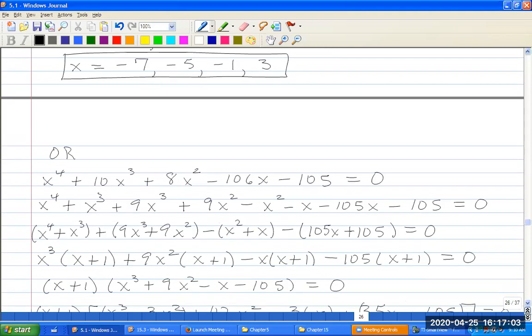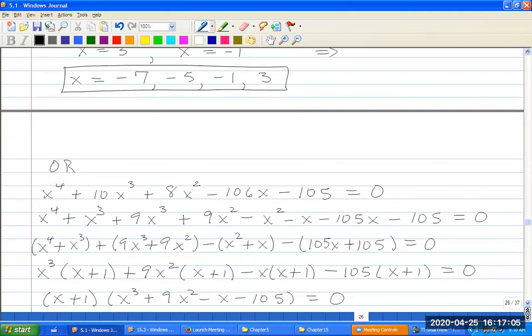Okay, so let's do this. So I have x to the 4th plus 10x cubed plus 8x squared minus 106x minus 105 equals 0. Now, if you notice the following, I have here some even and some odd powers.